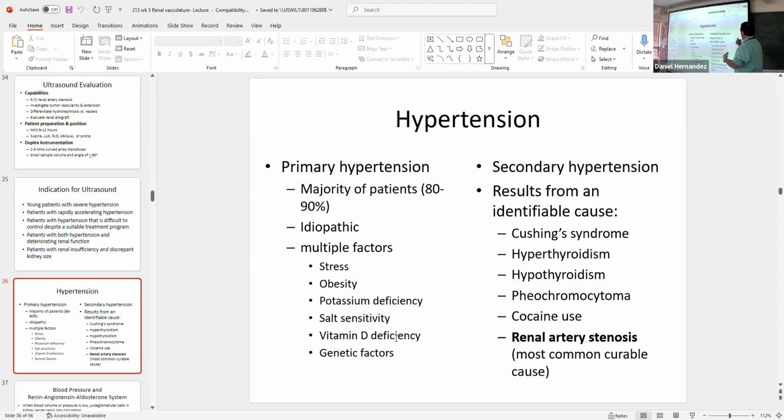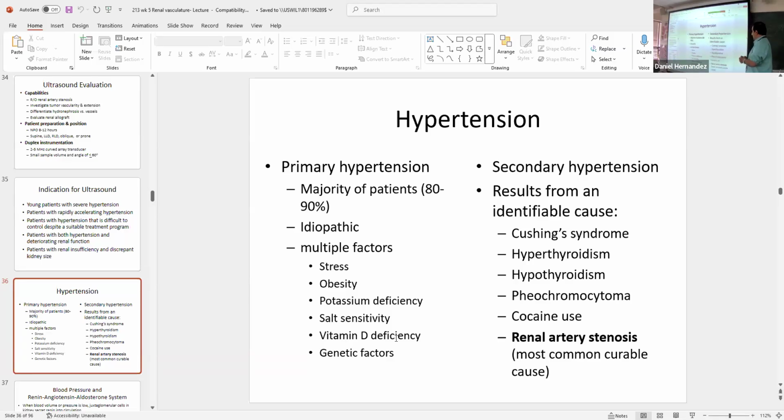And then secondary hypertension results from an identifiable cause. So we know why that patient has hypertension, and it's a direct cause of that hypertension. Cushing syndrome is either a tumor on the patient's adrenal gland, or a tumor potentially in the pituitary gland that's impacting the adrenals and then leading to hypertension.